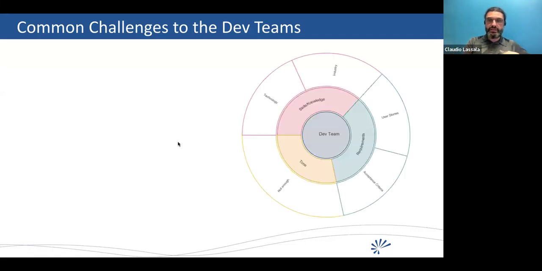Common challenges that development teams face, the way I've plotted that out here, are three areas of problems. Skills and knowledge: maybe there is a gap in skills, maybe in the technology that we're supposed to be using, we don't have that experience yet. Maybe knowledge of the industry, right?